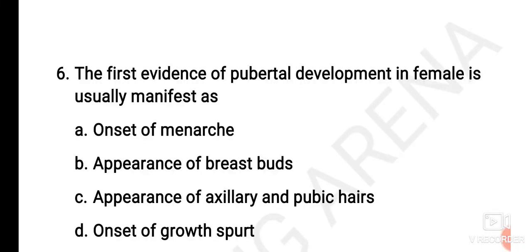The first evidence of pubertal development in female is usually manifest as onset of menarche, appearance of breast buds, appearance of axillary and pubic hairs, onset of growth spurt.